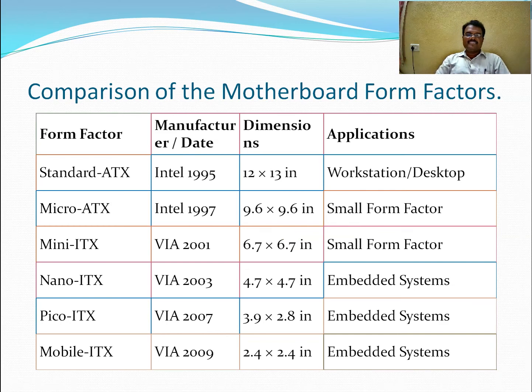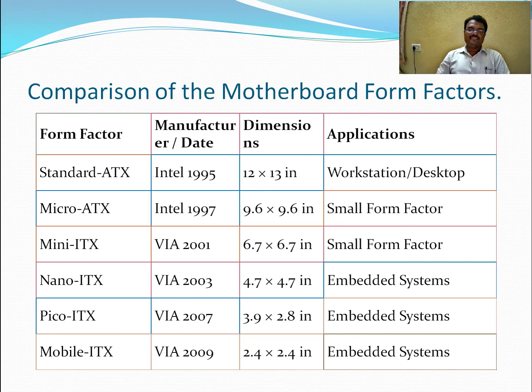Mini ITX was developed by VIA Technologies in 2001. The size was 6.7 inches by 6.7 inches. It's also a small form factor. Nano ITX was also manufactured by VIA Technologies in 2003, with dimensions of 4.7 by 4.7 inches, used mostly in embedded systems.